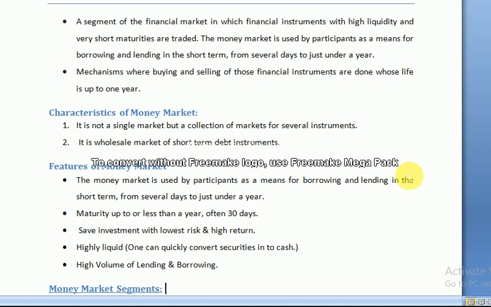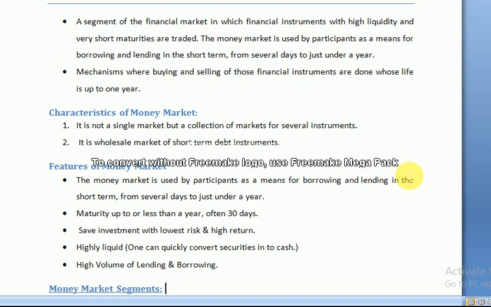So there is no formal place like a stock exchange as in the case of the capital markets, meaning they have the features of an OTC market, or counter market. Transactions have to be conducted without the help of brokers here in the money markets.